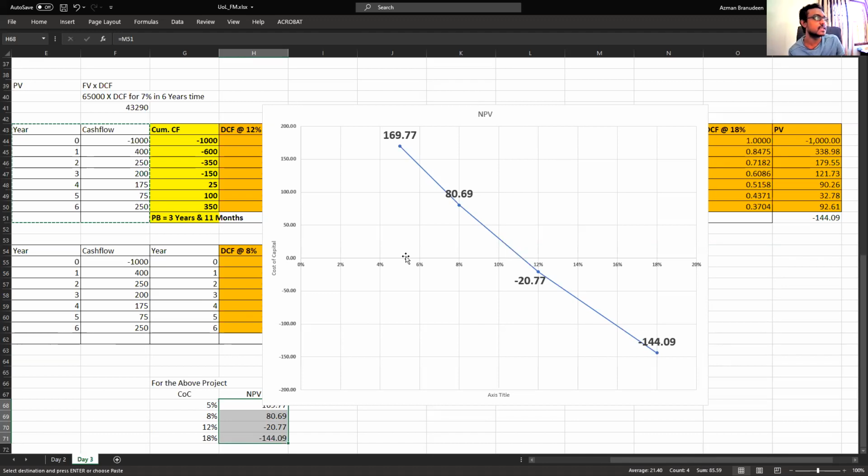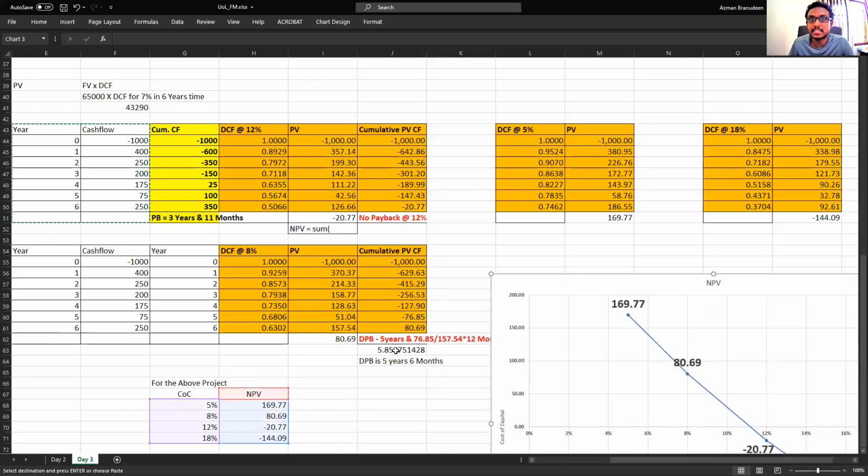So the thing is this, with your cost of capital, the money isn't free. Investments aren't free. So if you're committing a certain amount of capital to a certain project, in this case, this particular project where you're making a certain amount of money over the years, which has a payback of 3 years and 11 months, which has at 8%, a discounted payback of 5 years.